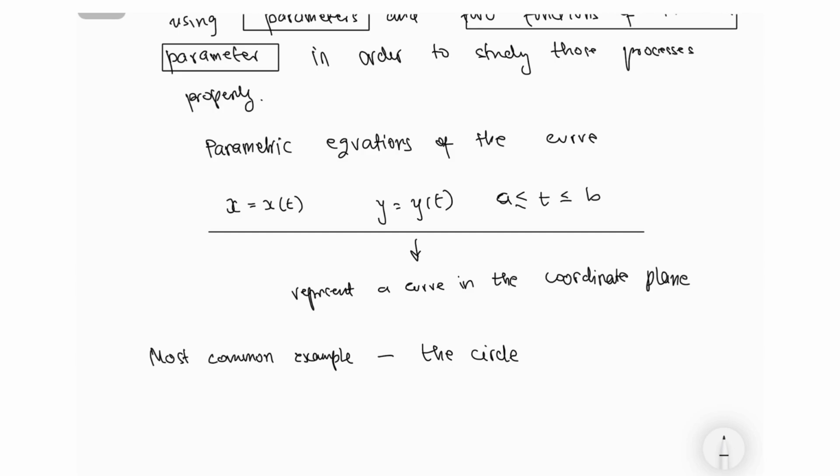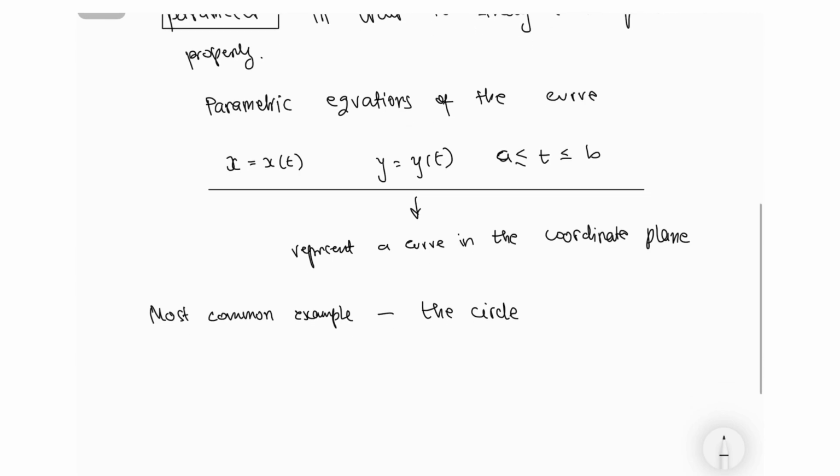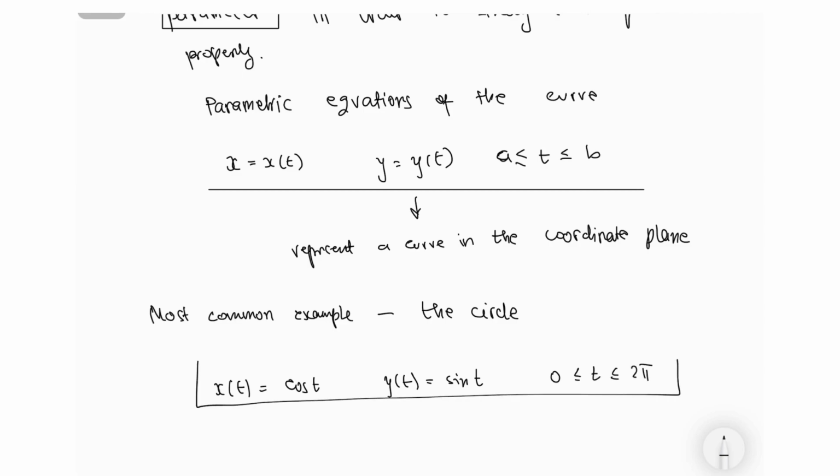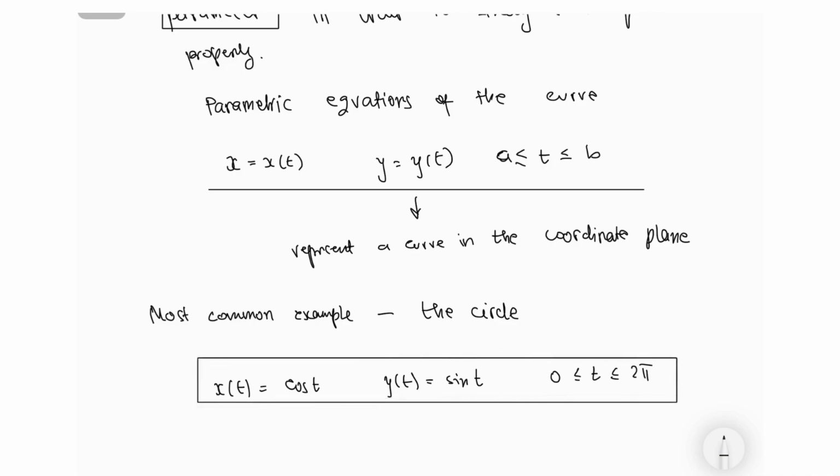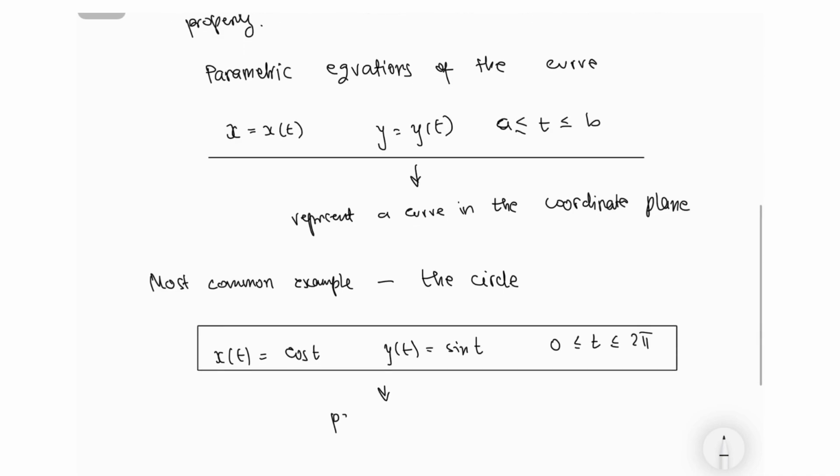That's the first and the most common example, the parametrization of the circle, where we have x of t equals cosine t and y of t equals sine t, and t goes between 0 and 2 pi. This is the parametric representation of the circle.